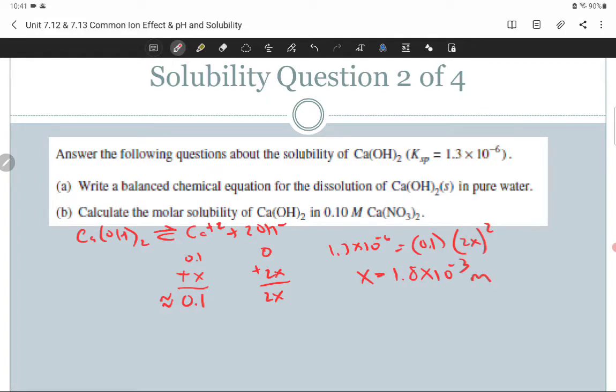Now, would 1.8 times 10 to the negative third impact 0.1? Very insignificantly. So we're okay that we made that assumption. And so that would be our answer, 1.8 times 10 to the negative third. So that's a common ion effect. We didn't start in a distilled water beaker. We had a solution that we threw this calcium hydroxide in.